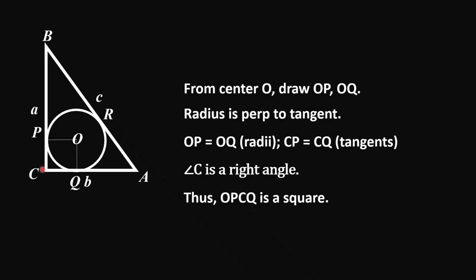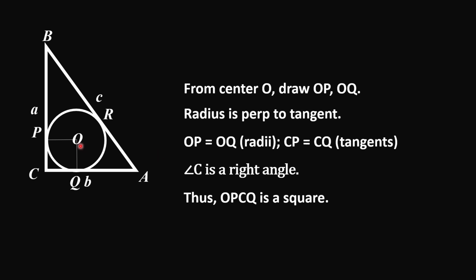Angle C is a right angle because this is a right angle triangle. The two radii are equal, and the two tangents from the point C, tangent CP and tangent CQ, are equal. So this figure OPCQ is a square.